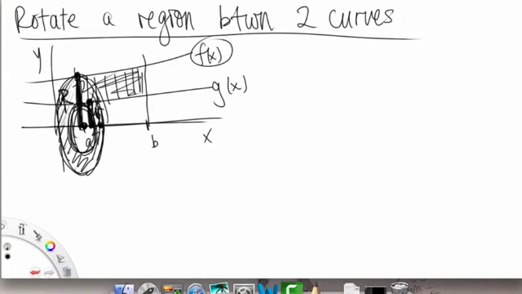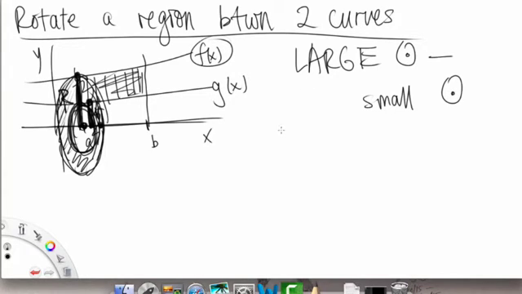All right, so that means we have to scoop out this inside circle, which has a radius of g of x, which is the small r. So in a sense, we have the large circle minus the area of the small circle.